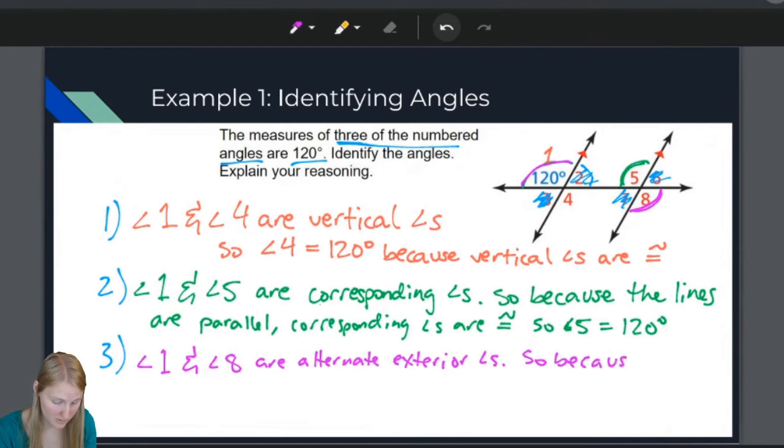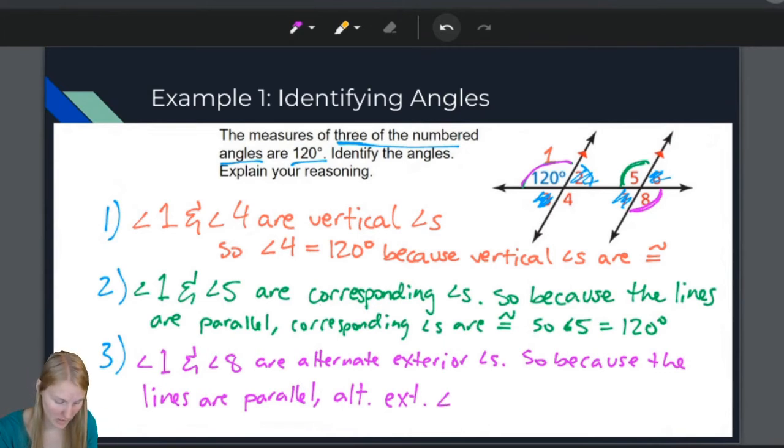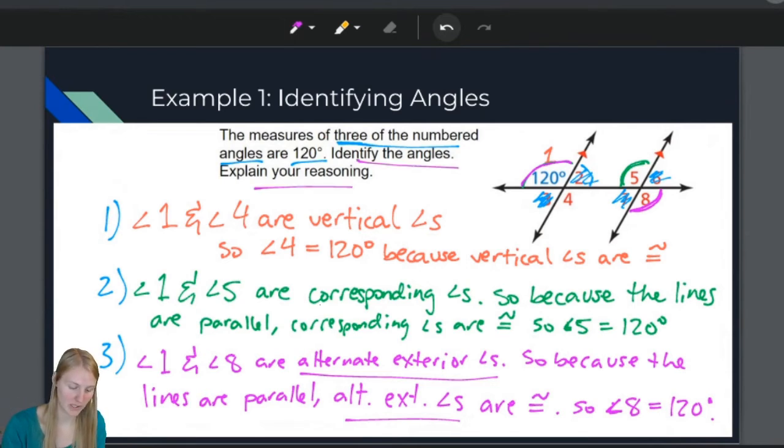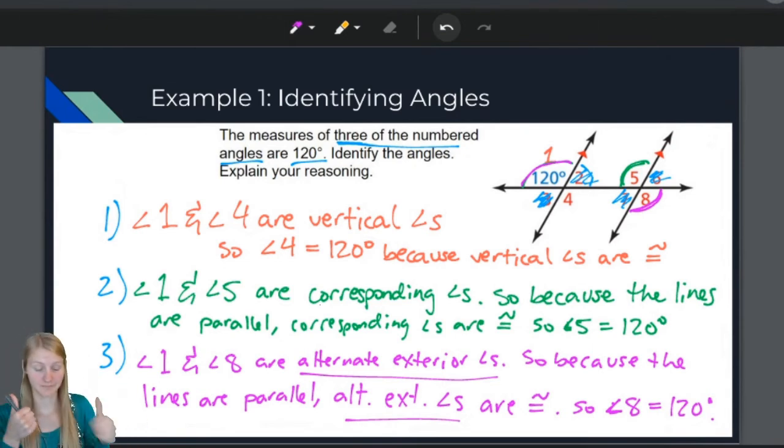So, because the lines are parallel, alternate exterior angles, we'll use that abbreviation, alternate exterior angles are congruent. So angle 8 equals 120 degrees. So we identified the angles and we explained our reasoning. That means that we're done.